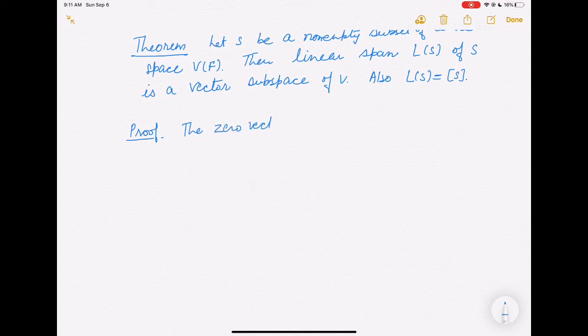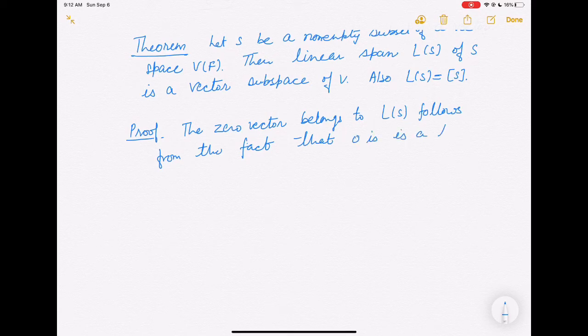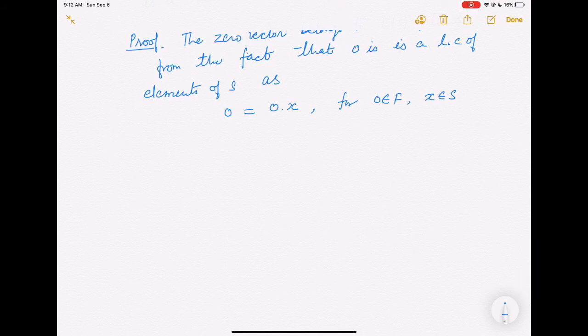The zero vector belongs to L(S) follows from the fact that zero is a linear combination of elements of S. Zero can be written as 0 dot x for 0 belongs to F and x belongs to S. Next we take any two elements.